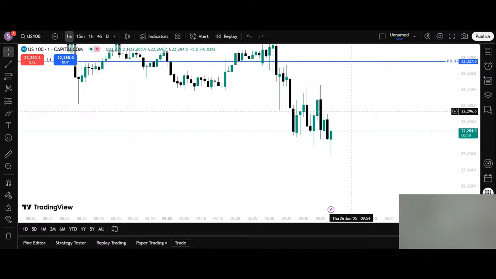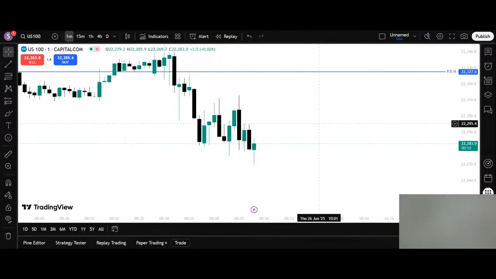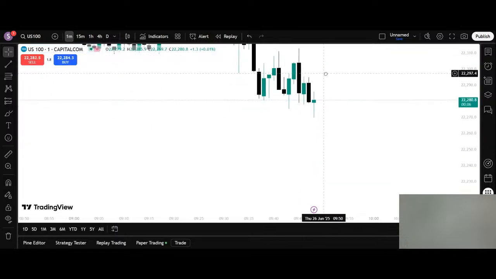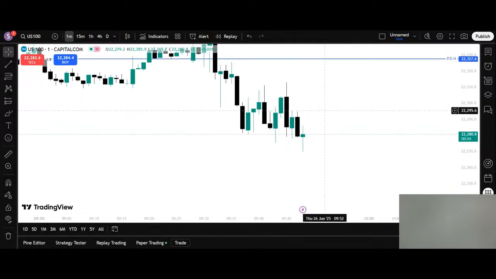My bias today is sell, but let's see. I want to wait for the 1 hour close and trade according to that. But let's see if I can find anything. We're just gonna have to wait for it.